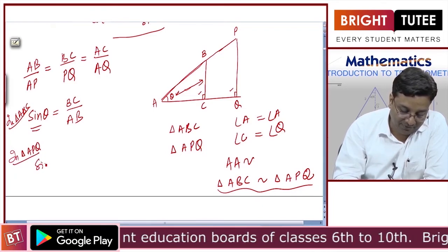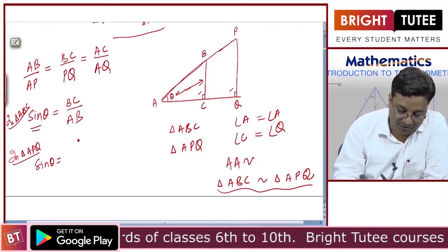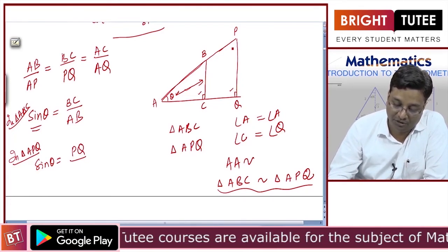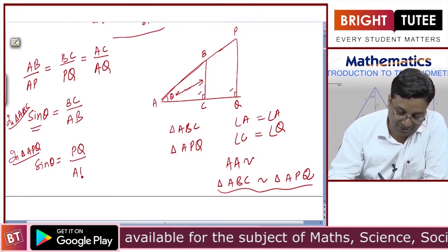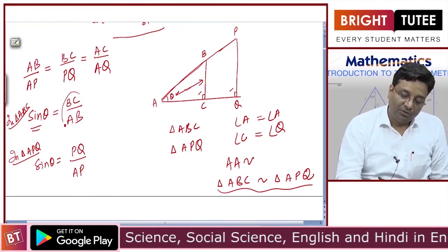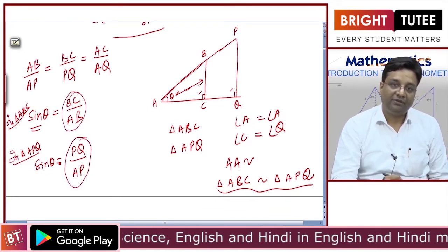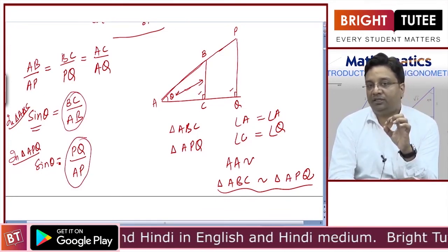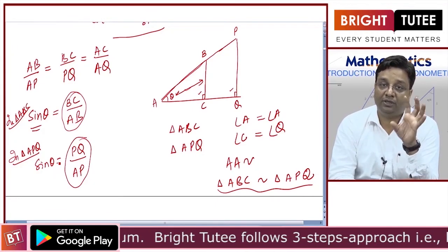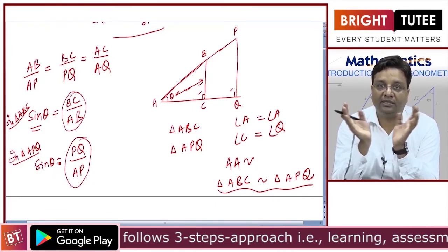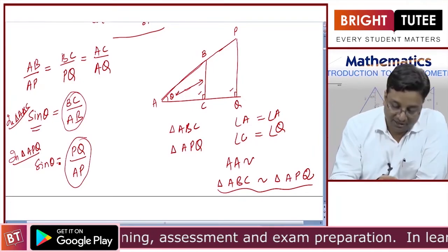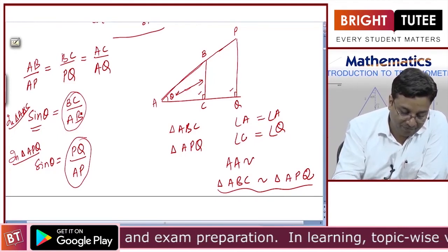So in triangle APQ, what is sine of theta? Opposite is PQ, and the hypotenuse is AP, right? So if these two ratios are equal, then we can say that it won't depend on the size of the sides, right? The trigonometric ratios will not depend on the size of the sides. It depends on the angles. So let us see BC upon AB.